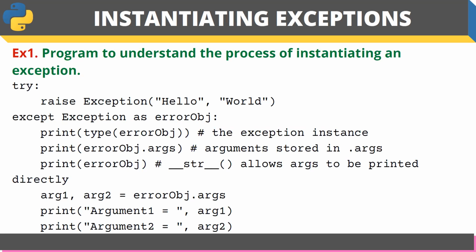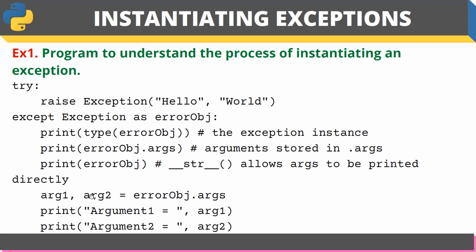Now this is the program to understand the process of instantiating an exception. See here, try, raise Exception with arguments hello and world. So here we are giving two arguments. Except Exception as error_object, print type of error_object, so it will print the exception instance, and print error_object.args, whatever arguments are stored in .args, and print error_object, which allows the string arguments to be printed directly.